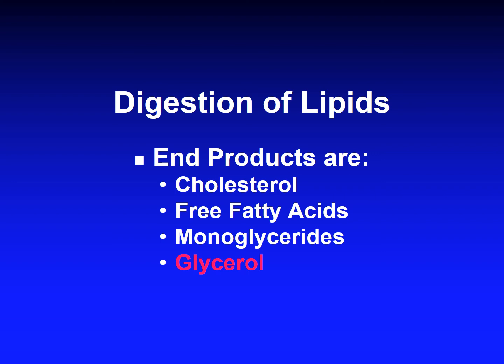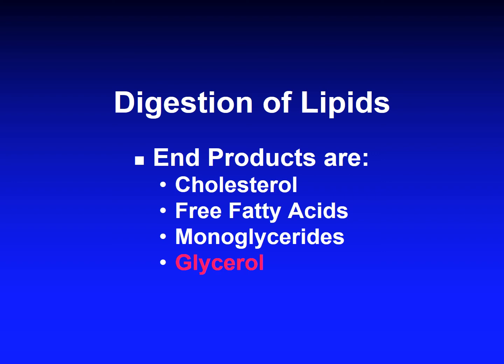Free fatty acids and monoglycerides get into the lacteal or the lymphatic vessel. They go to the thoracic duct before they end in the venous circulation and then to the rest of the body. Glycerol, on the other hand, goes to the blood vessels directly without any lacteal.